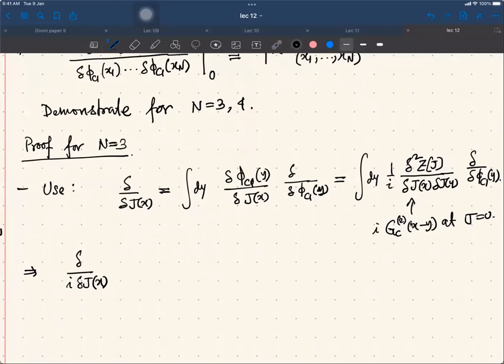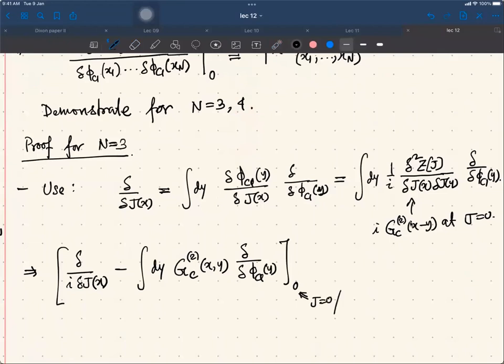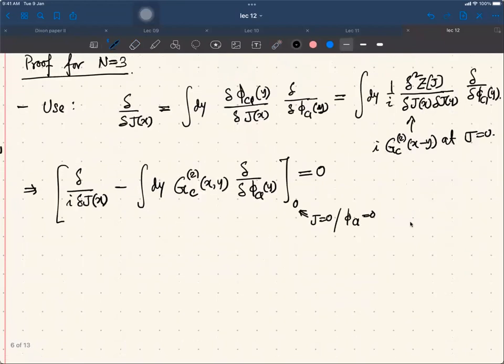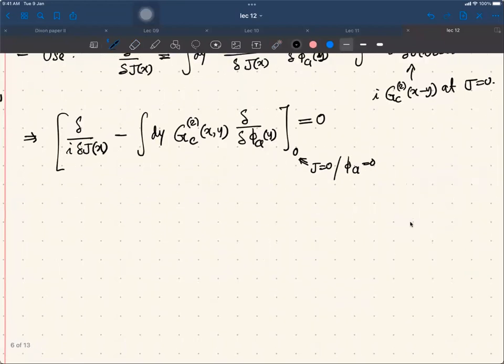So this is minus integral g2 connected x comma y del phi cl y calculated at 0, but 0 means j equal to 0 and phi cl equal to 0. This is equal to 0. This is the identity that one can use.